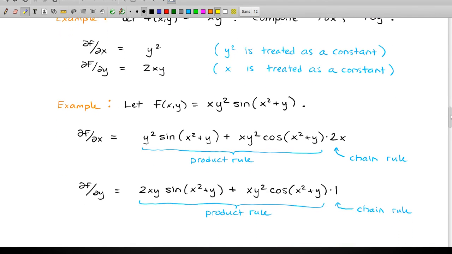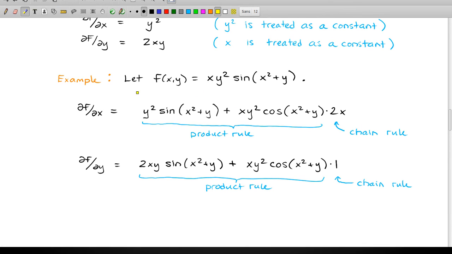All right, one more, even more complicated. Hopefully this is enough to sort of see how you get the hang of these things. We'll do more examples in class. f of x, y is x times y squared times sine of x squared plus y squared. So it's sort of a combination of the two functions we studied before. This is a product of a function times a function.